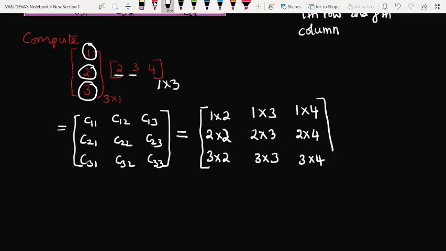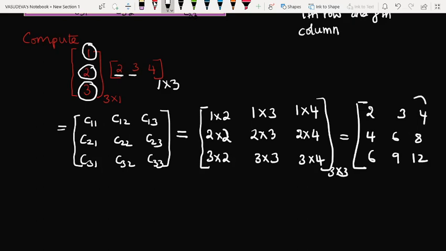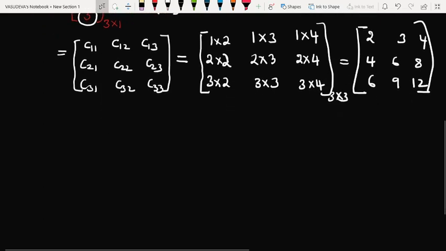So it is a 3 by 3 matrix. Simplifying this will give 2, 3, 4, 4, 6, 8, 6, 9, 12. So this is the final matrix.